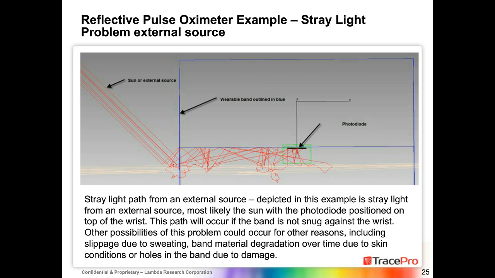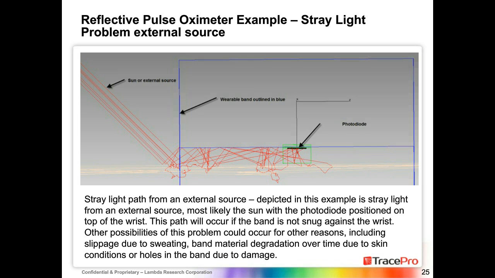What's going to happen here is light's going to come from the sun. Instead, we've put the photodiode at the top of the wrist because we want to have a very nice, clear area to take the sampling. What's going to happen here is the sun's going to come through. It's going to rattle between the skin and the wearable band and end up at the photodiode. This is going to cause some problems because this can occur just naturally because we have the band not tightened down enough onto the wrist.